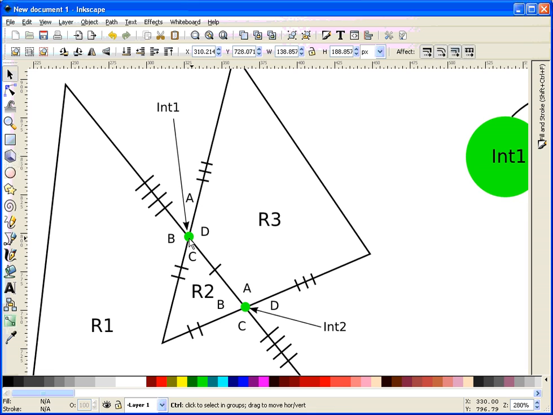I want to talk about these intersections a little bit more, these nodes in the graph. If we look at them here, an intersection node will have the possibility of having regions attached to it. So in this particular case, this region that I've labeled A here is the infinite exterior region.